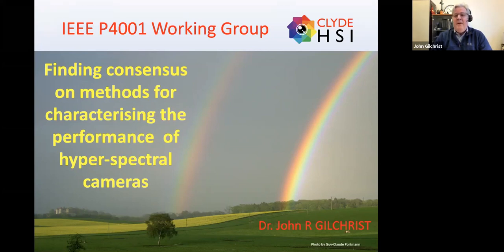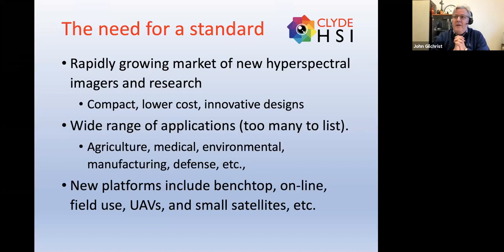We're super pleased that GRSS and IEEE are sponsoring this work program. Simply speaking, there is a real need for consensus in hyperspectral imaging performances. And the reason for this is that there are now fantastic spectral camera designs.